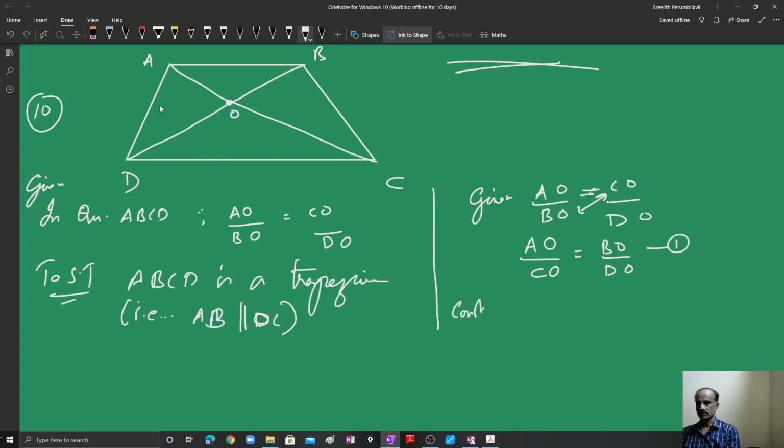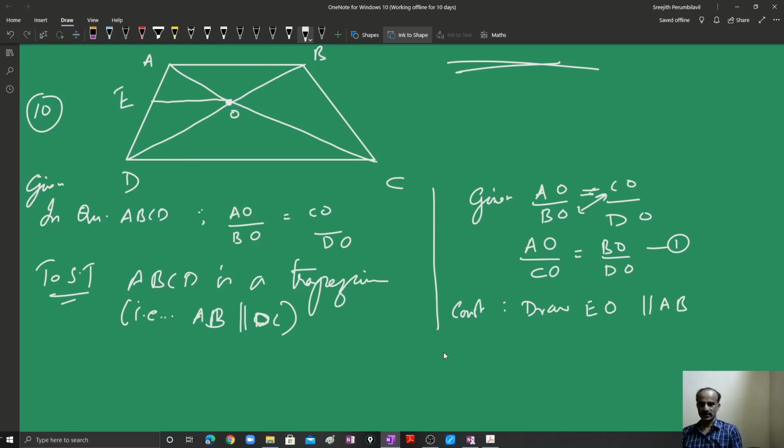What is the construction? Draw EO parallel to AB. Remember, AB is not parallel to DC, that is what we have to prove.